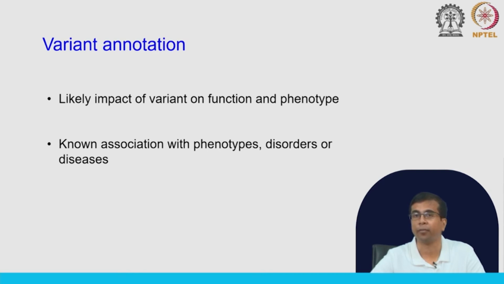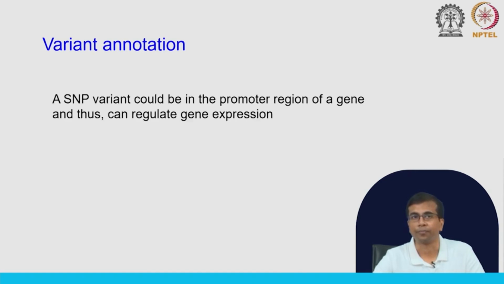So, we can probably map it to certain genes, or we can look at known association with phenotypes, disorders or diseases. Okay. So, whether this variant has been seen in other individuals and has been associated with certain diseases, for example, genetic diseases. So, this kind of annotation we can do.